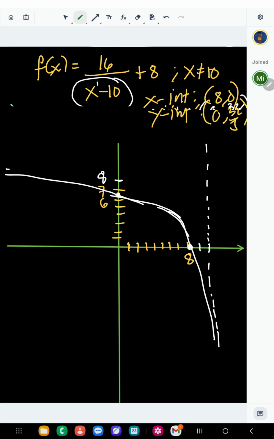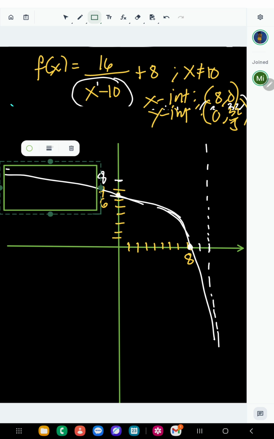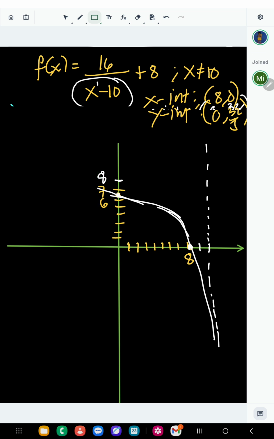So the graph shouldn't touch the horizontal asymptote. So this is the horizontal asymptote. So the graph will be here. Yeah, so that's how to graph it.